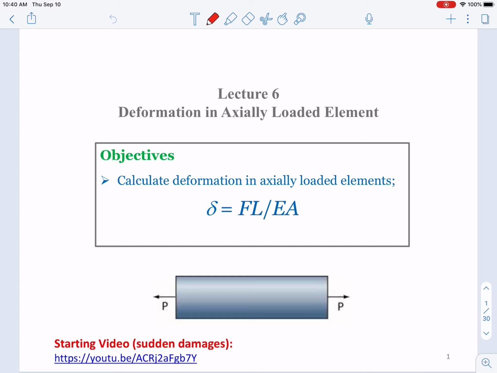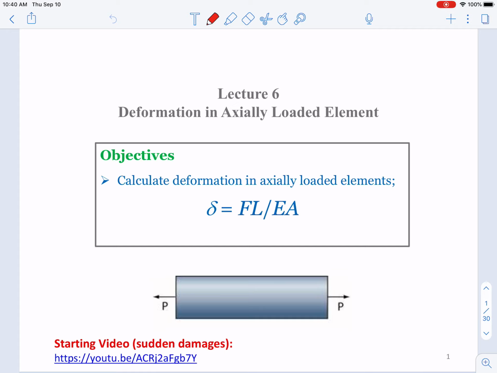In chapter 2, we just talked about those simple concepts, and later in this semester, in the following chapters, we will start to look at specific structural elements, like axially loaded elements, torsional elements, and beams. We will learn how to analyze the stresses and calculate the deformations of the structural elements.